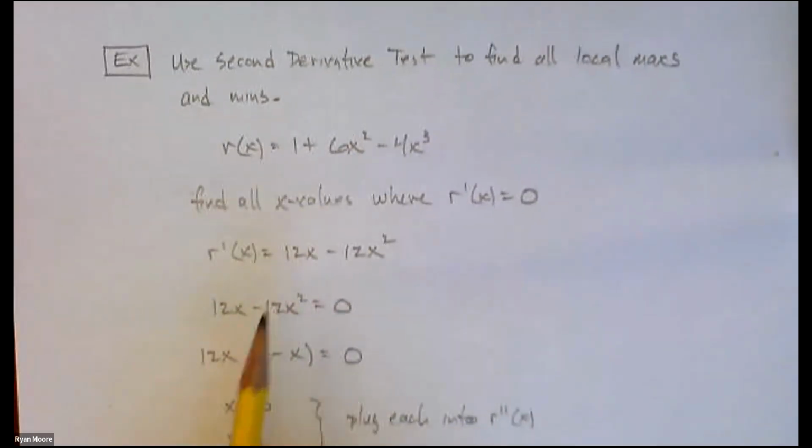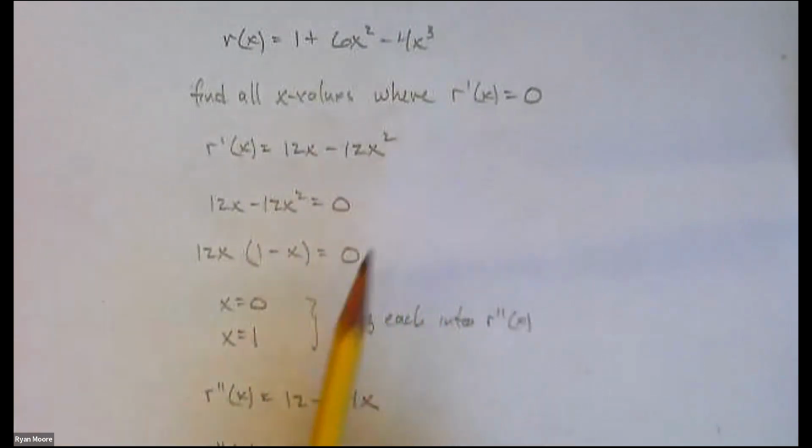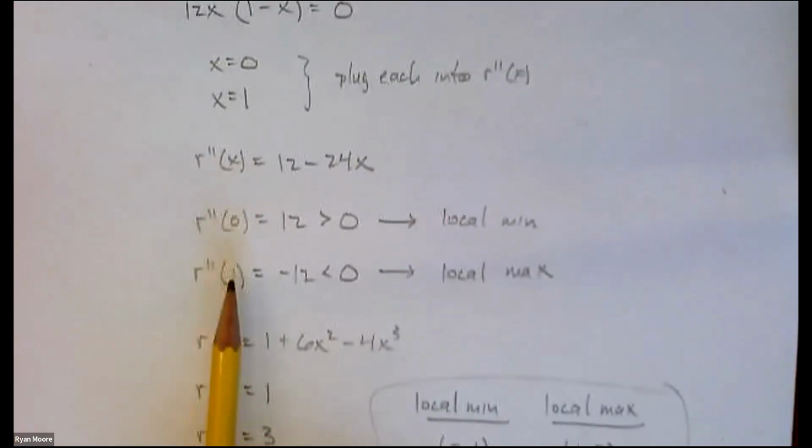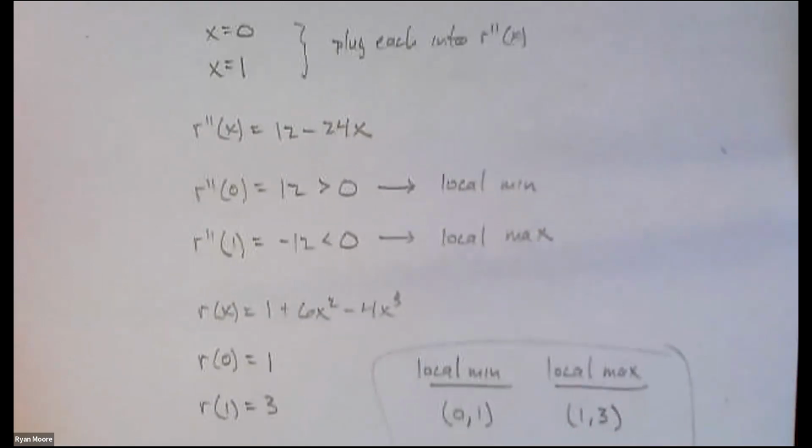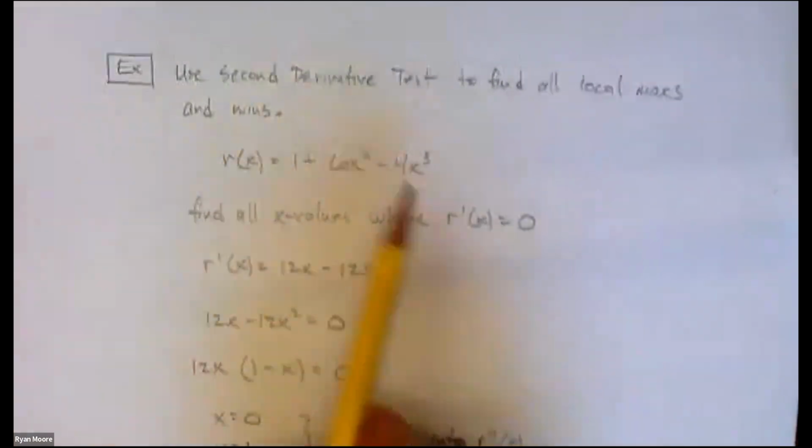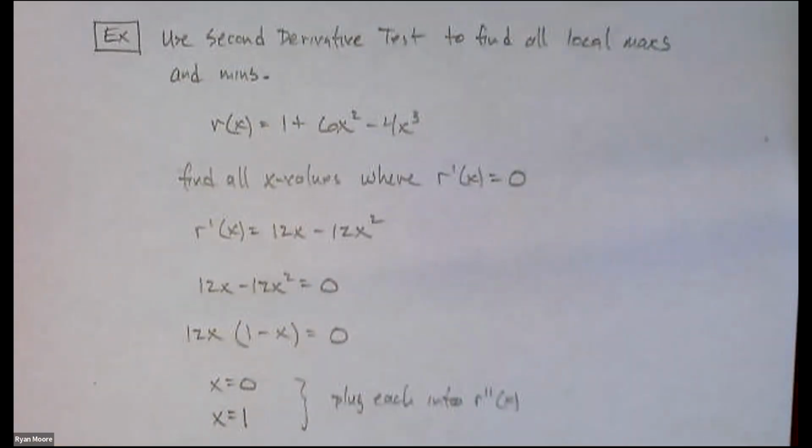Although you still find criticals with the first derivative, you're only finding the ones equal to 0, and then plugging those numbers straight into the second derivative to find if it's a local max or min. So this one has a different feel, but the increasing, decreasing test, the first derivative test, and the concavity test are all very similar, taking the same test in a slightly different direction.